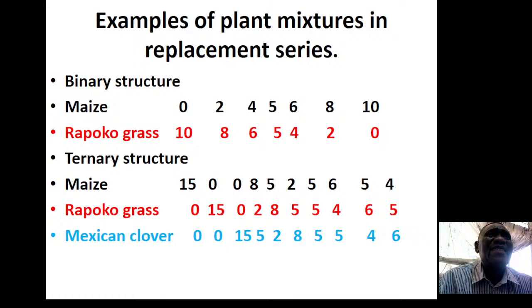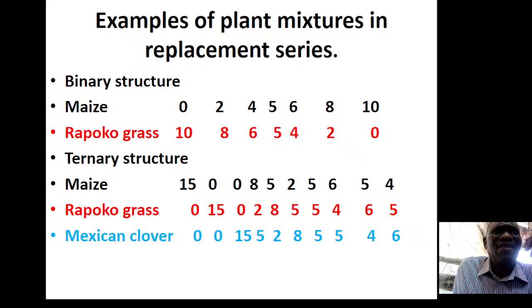If we increase the number of maize plants to 2, we have the proportion of grass at 8, then 4 and 6, 5 and 5, 6 and 4, 8 and 2, and 10 and 0. I hope it's clear from where you are. We call this the binary structure, and this is what we normally use.